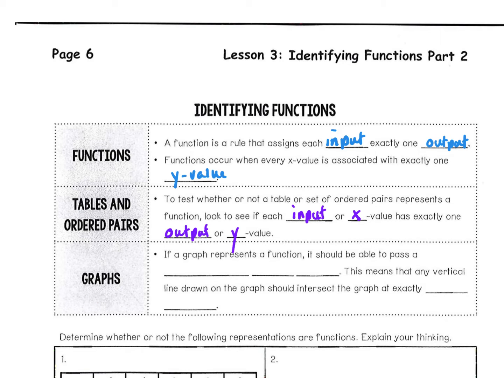And in graphs, if a graph represents a function, it should be able to pass the vertical line test. This means that any vertical line drawn on the graph should intersect the graph at exactly one point.